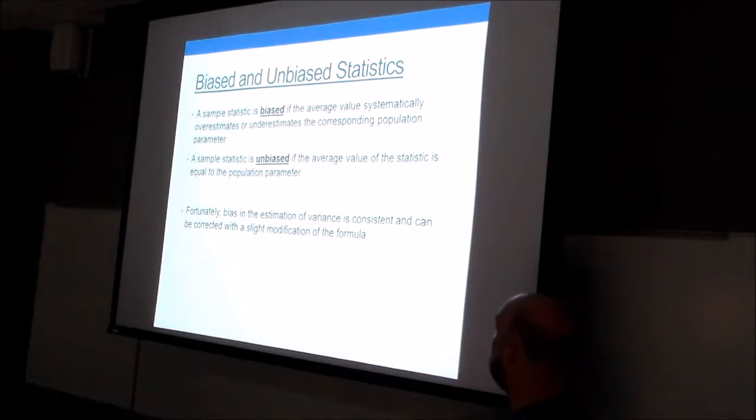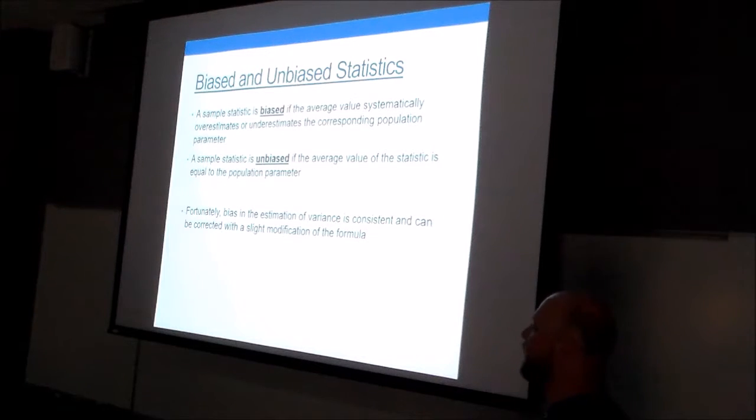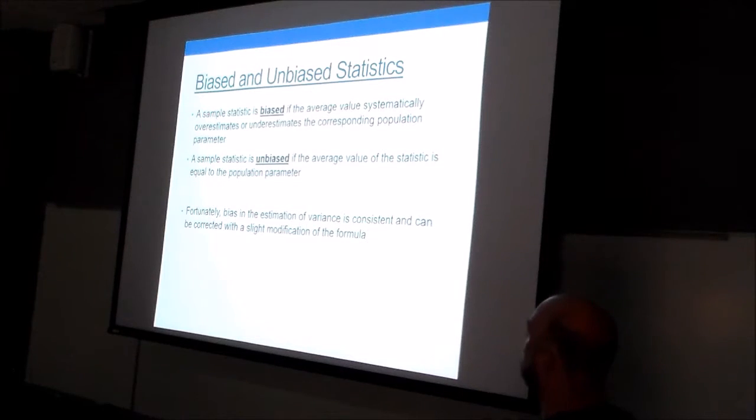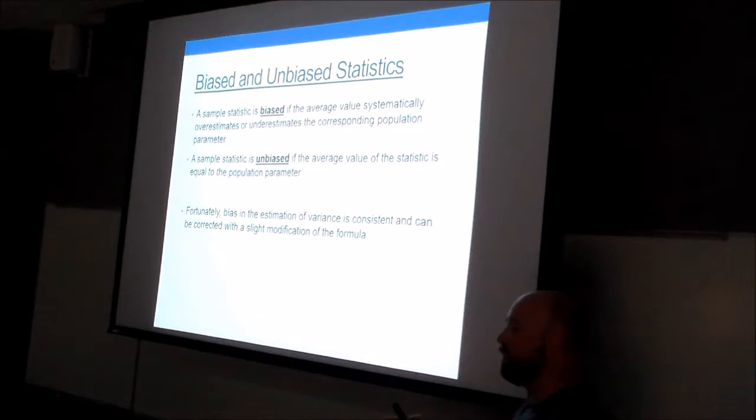What that means is that if we take the average value of a statistic calculated over numerous replications, that statistic systematically overestimates or underestimates the corresponding population parameter. A sample statistic is unbiased if the average value over a number of replications is equal to the population parameter.